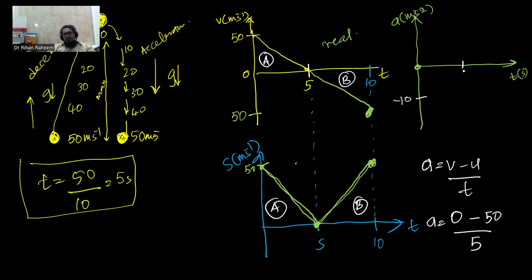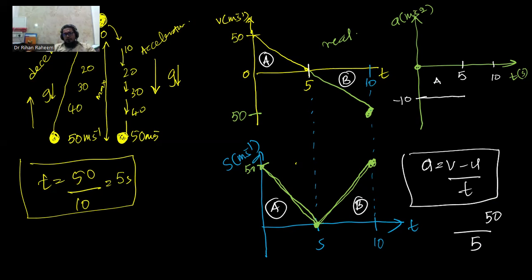So for the first 5 seconds, it will be like this. Then the next 5 seconds, the B journey coming down, gravity is acting downward and the object is pulled downwards. It's an acceleration situation, speed is increasing from 0 to 50. When you apply the same equation, a equals v minus u over t, final velocity 50, initial velocity 0, divided by 5 seconds. 50 minus 0 is 50, and 50 divided by 5 is 10.